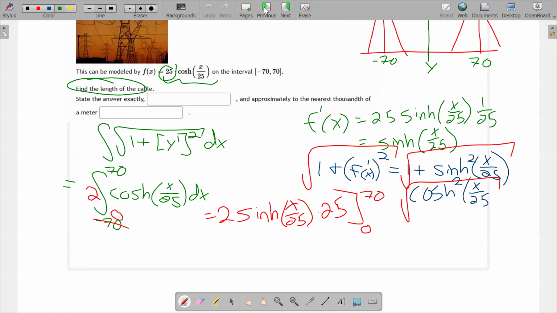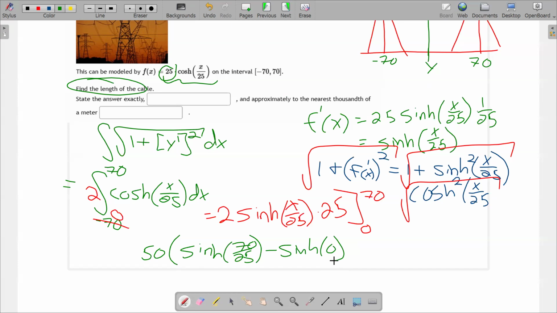Okay, so then I'm going to pull out the constants. 2 times 25 is 50. And then I'm going to get the sinh of 70 over 25, which is probably not a nice number, minus the sinh of 0.